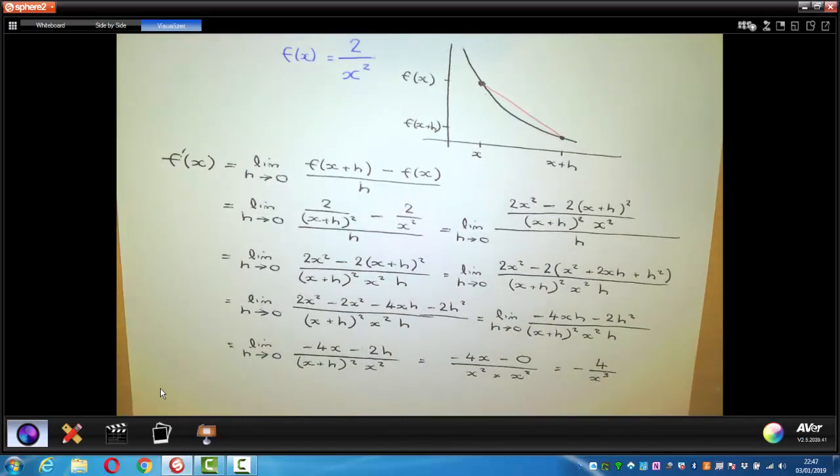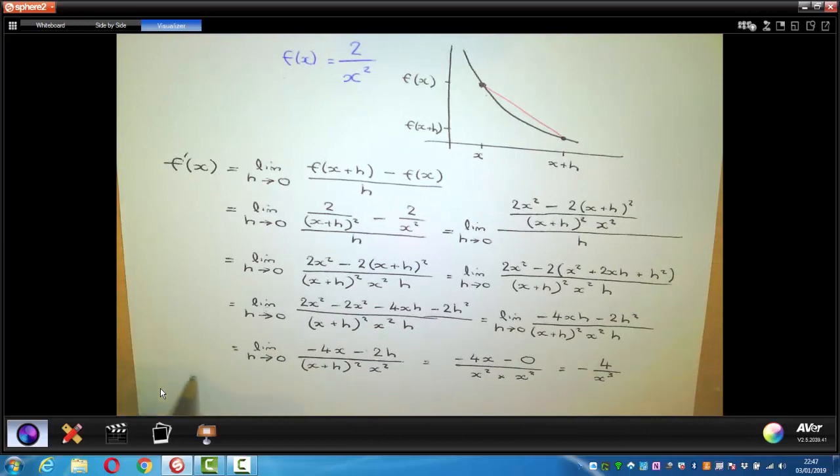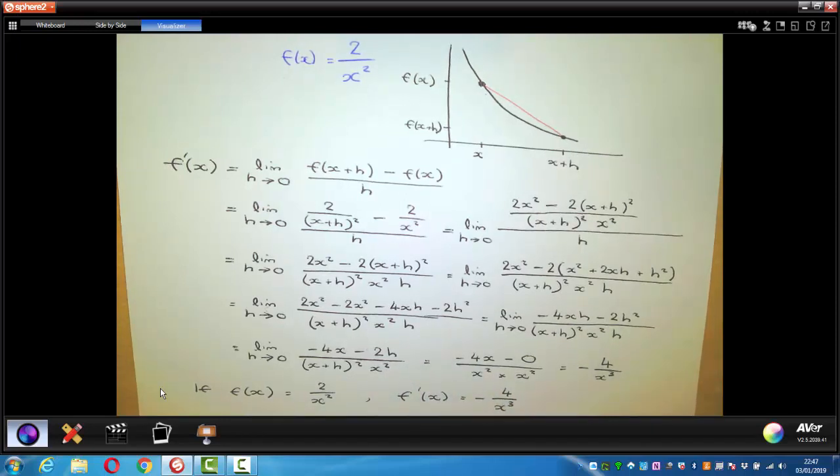So we can now say that from first principles, if f of x is equal to 2 over x squared, then f dashed of x is minus 4 over x cubed. We've carried out the differentiation from first principles.